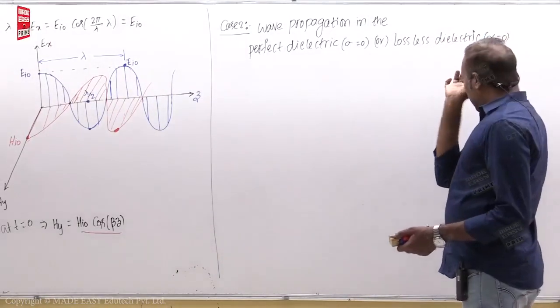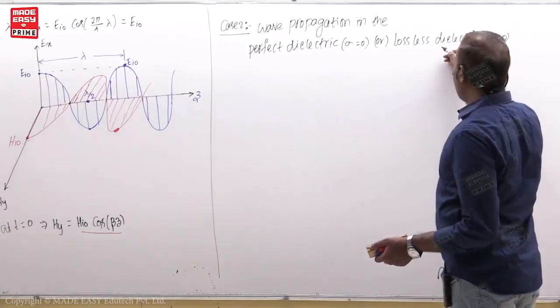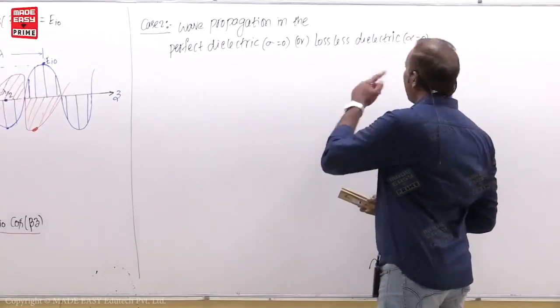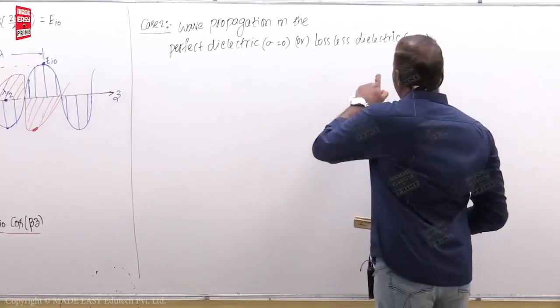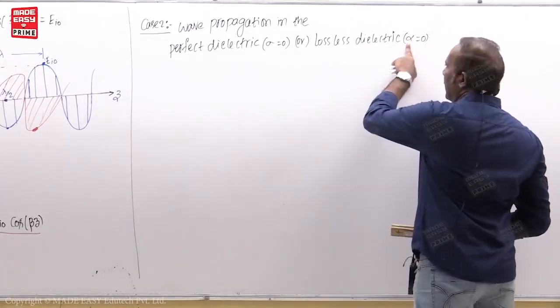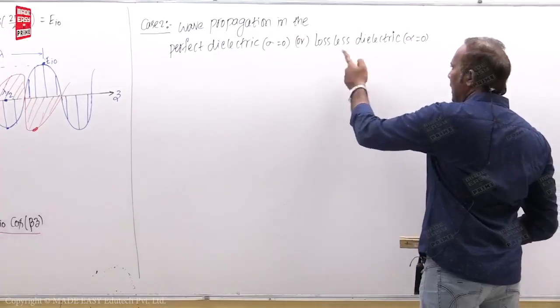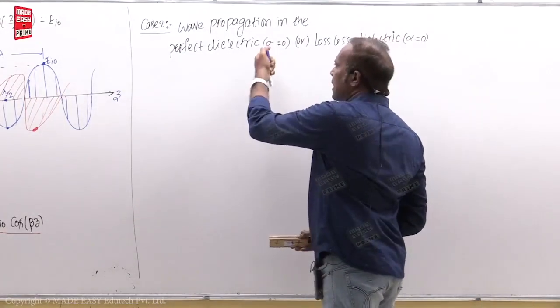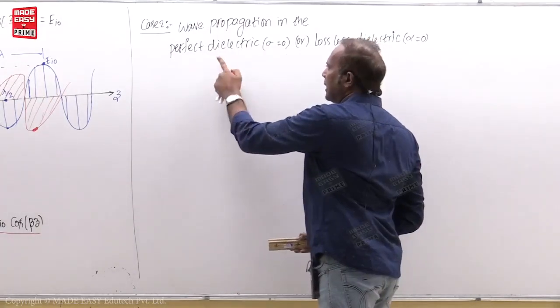Actually, for perfect dielectric, sigma is 0. For lossless dielectric means alpha 0. Anyway, if sigma is 0, na, automatically alpha becomes 0. So, when you talk of alpha, na, then you use the term lossless or lossy, like that. Whenever you say sigma, na, sigma is not there in the dielectric means that is called perfect dielectric.